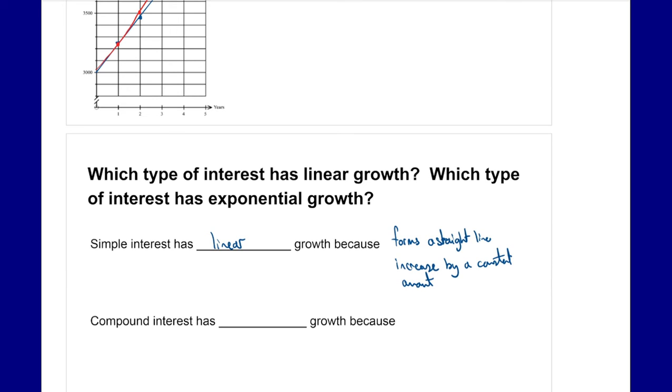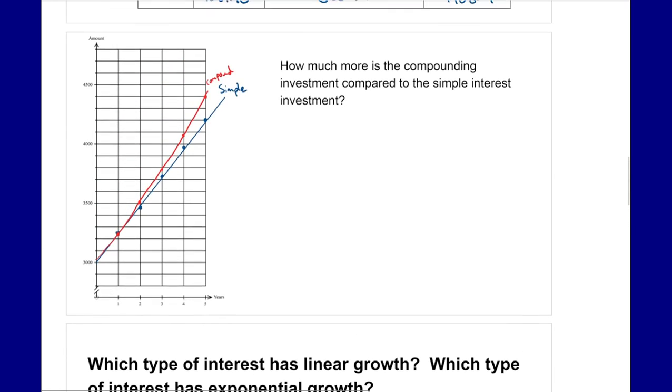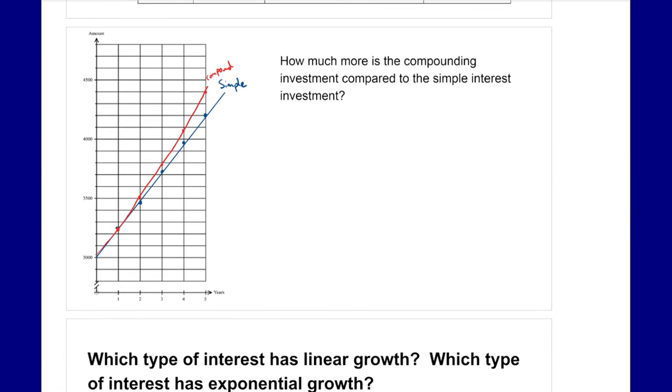In terms of compound interest, there's only one option left. It is exponential. And why do we know it's exponential? Well, we could argue it's not linear. We could also argue that we see that it's going to start getting bigger and bigger at an inconsistent rate. So it's not going to be changing by the same amount.